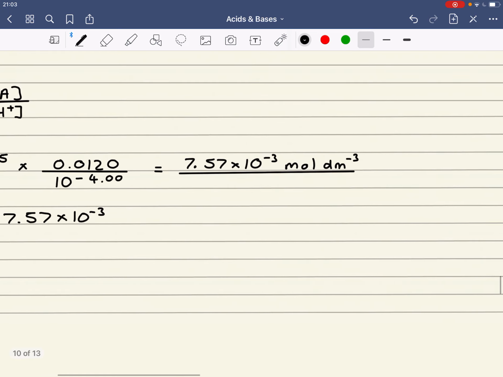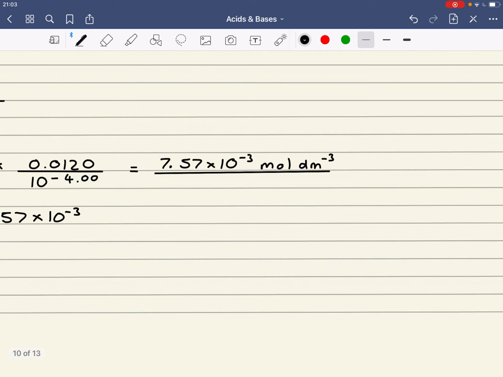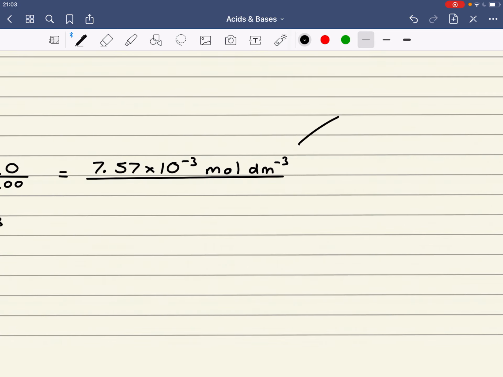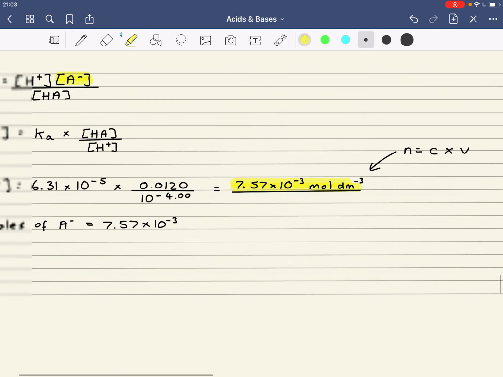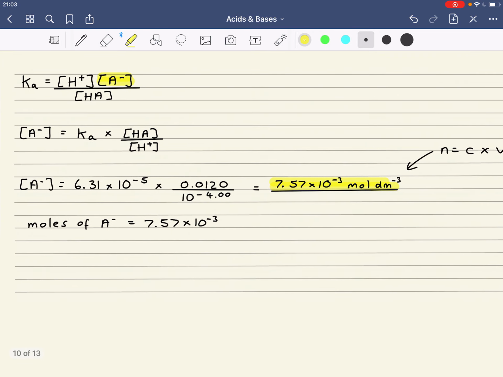Okay, so that's my concentration. If I want to work out moles, it's conc times vol. I've got my concentration here. My volume is simply 1, so that's why my moles is the same as the concentration.